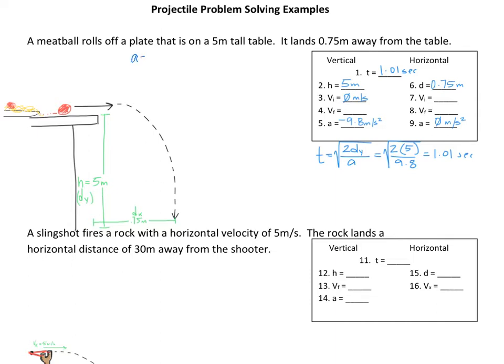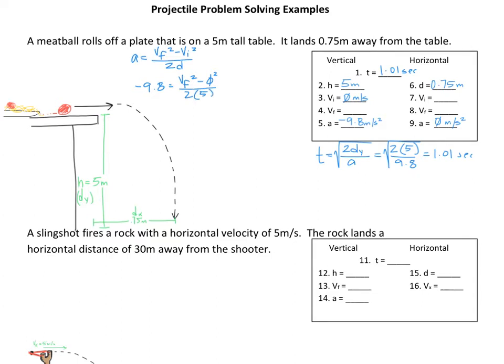A equals VF squared minus VI squared divided by 2 times D. Now if I substitute everything in there, I get negative 9.8 equals my final velocity squared, because I don't know it, minus the initial velocity, which we said vertically is 0, squared, divided by 2 times our height, which is 5.